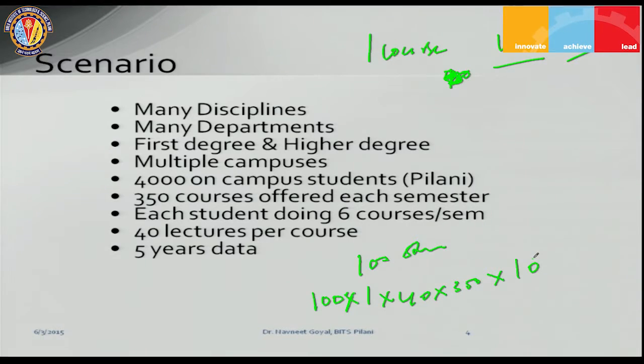So you can see it like this: multiple campuses, 4,000 students on campus in Pilani, 350 courses offered, each student doing 6 courses per semester, 40 lectures per course, and 5 years of data. So you can very well see how much data we are generating through this exercise.